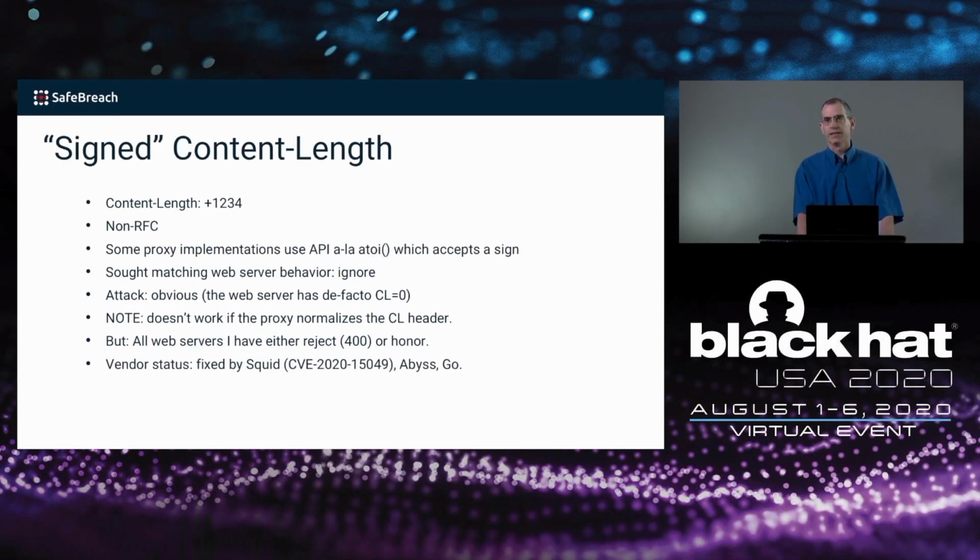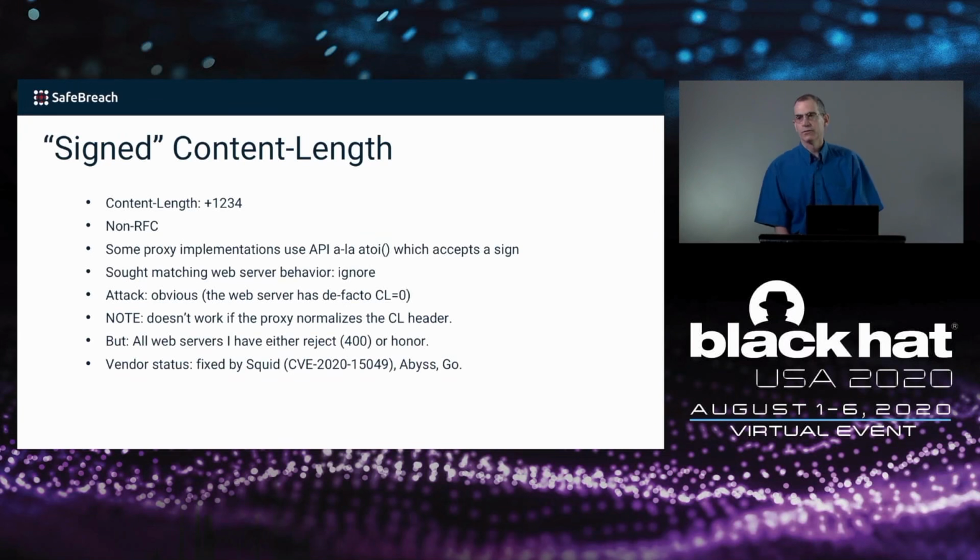Signed content length. I'm talking about adding a plus sign in front of the value. Obviously, it's non-RFC behavior because content length only allows digits. Some proxy implementations use APIs like atoi that do accept a sign. The matching web server behavior is to simply ignore this header, and the attack is obvious. The web server has de facto content length 0, whereas the proxy server sees 1, 2, 3, 4.